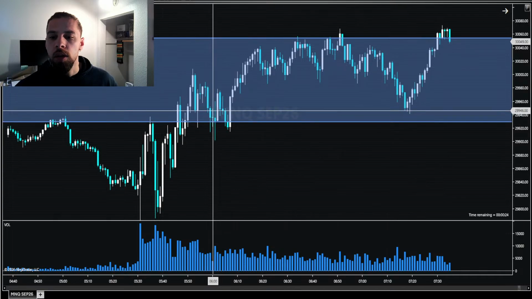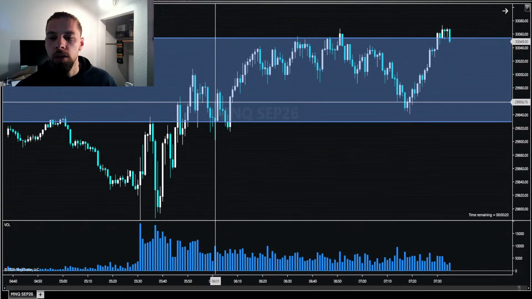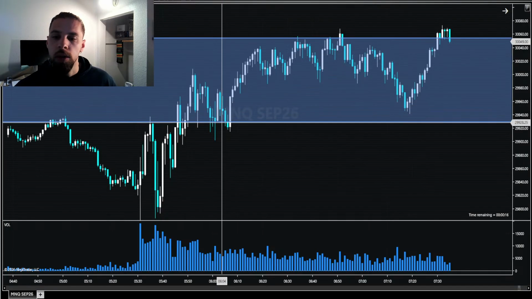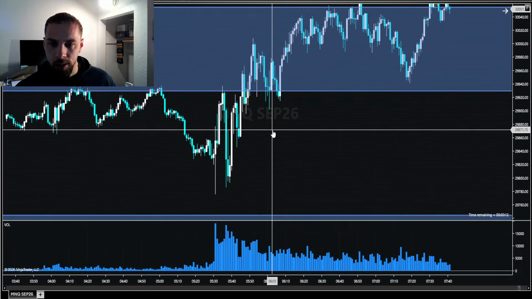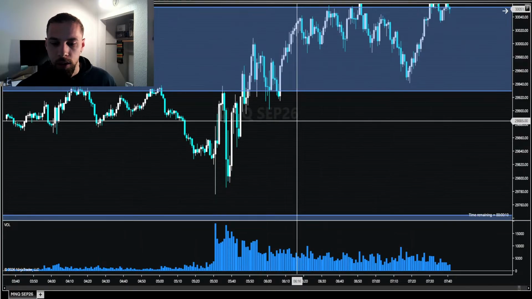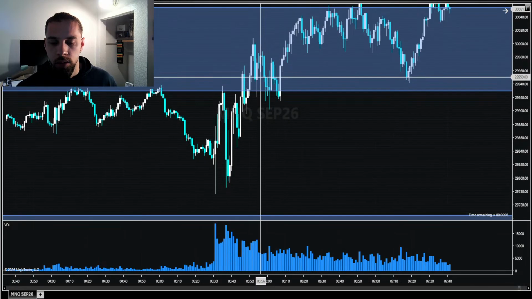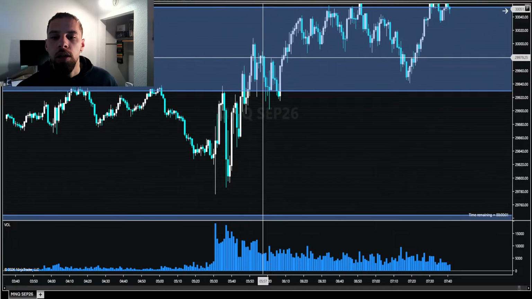And I had my stop right here, basically the top of this candle. And I got wicked out within the same exact minute candle. And in hindsight, it's hard to say if this was the smart trade to do. I mean, ideally, I was looking at a short right here.